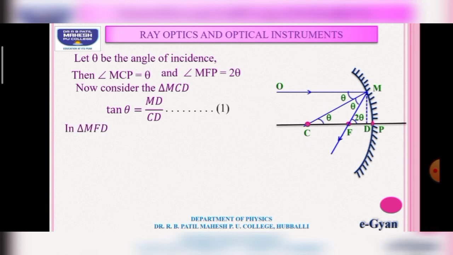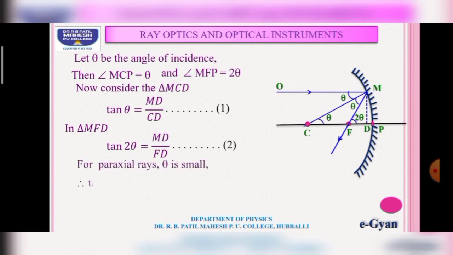Consider another triangle MFD. Even this triangle is a right angle triangle, hence tan 2 theta is equal to MD divided by FD. Let this be equation 2. For paraxial rays, theta is very small, hence tan theta is equal to theta and tan 2 theta is equal to 2 theta.